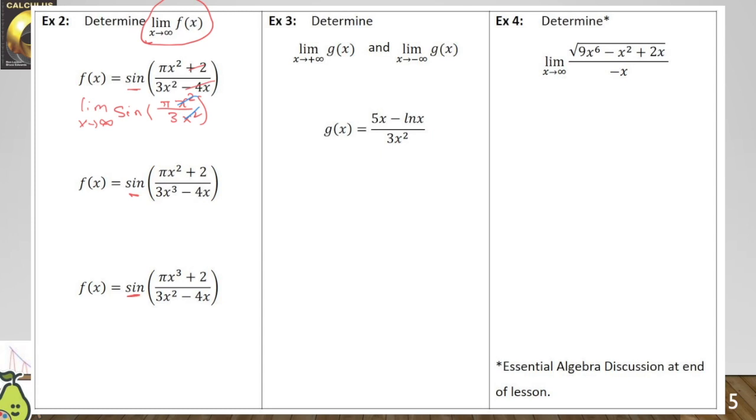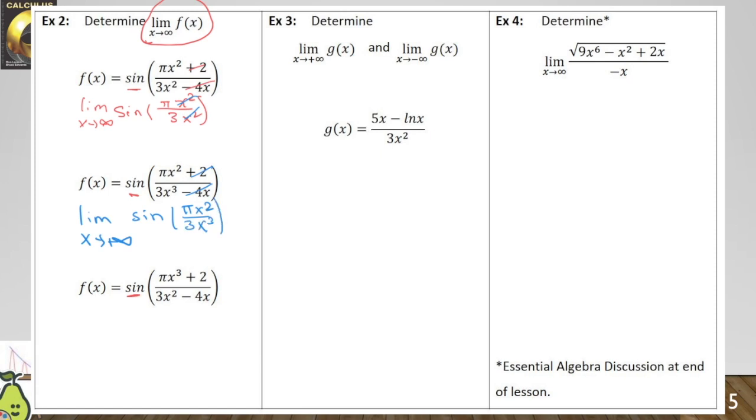Now let's look at the limit as x goes to positive infinity for our next sine function. When we drop our lower order terms again, we're left with pi x squared over 3x to the 3rd.